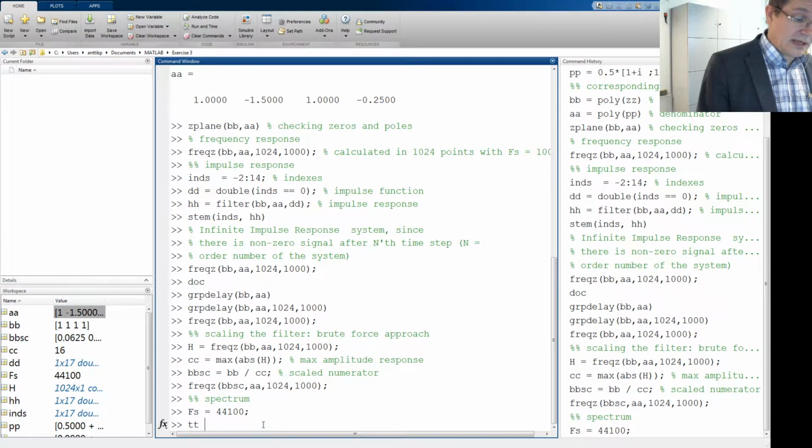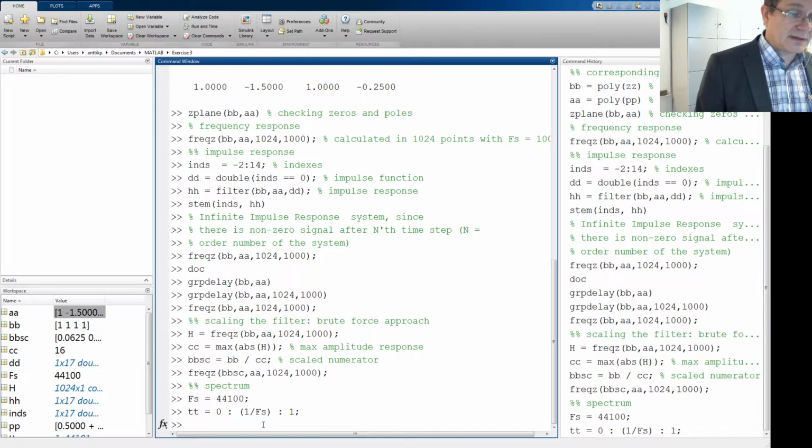Then have a sampling time vector. This can be done in many different ways, but this is my favorite way. So I start from 0, go in 1/f steps. That's the step size, and then say 1 second. So this is a 1 second long vector of sampling times.